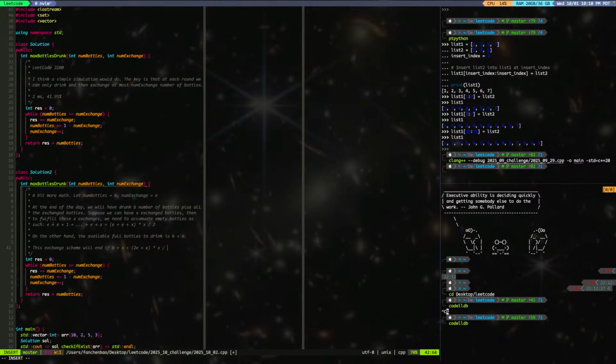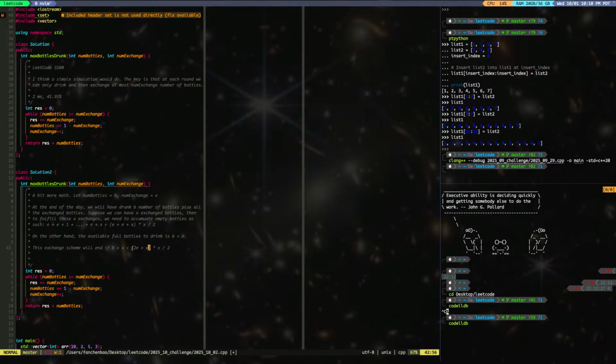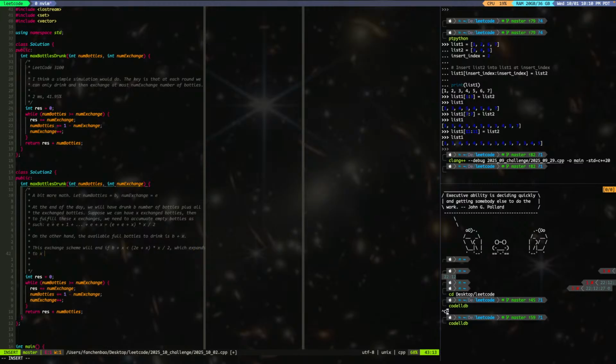So all we need, I can just keep one more step, which expands to X squared plus 2E minus 2 times X is larger than 2B.